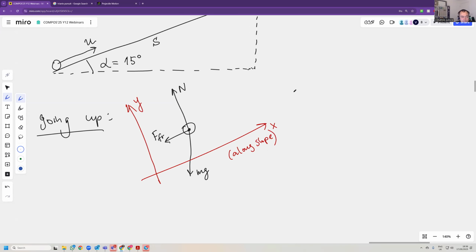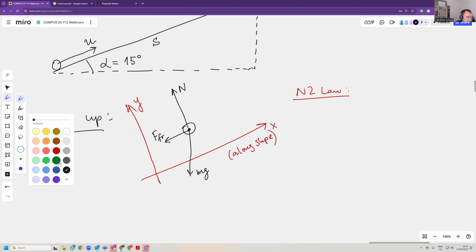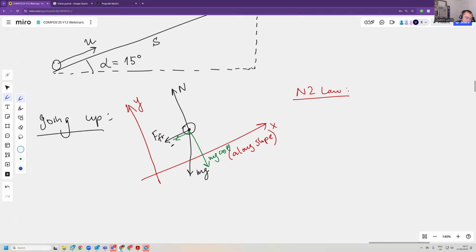And now we need Newton's second law. We're going to split the mg into two components, like this and like this. This is mg cos theta, and this is mg sine theta. And the acceleration obviously is to the left. Acceleration is backwards.